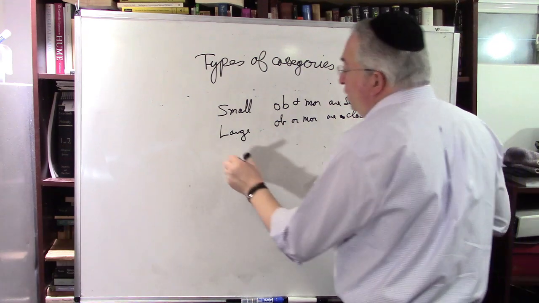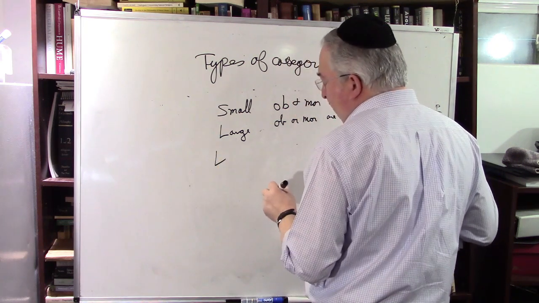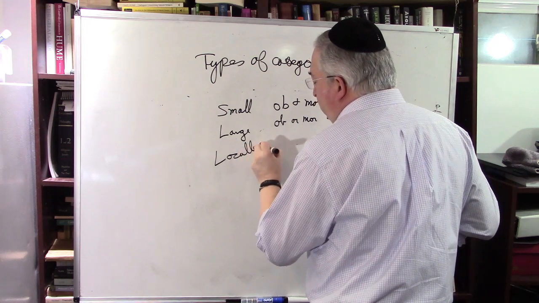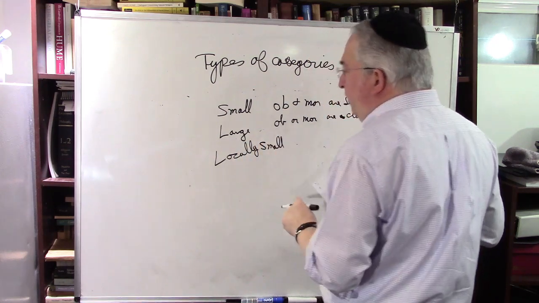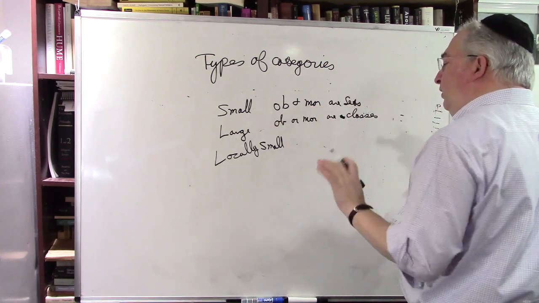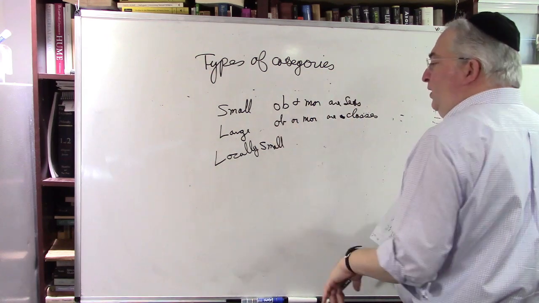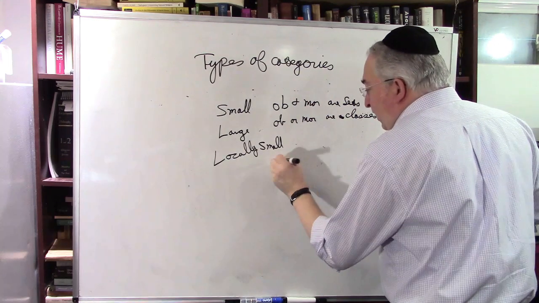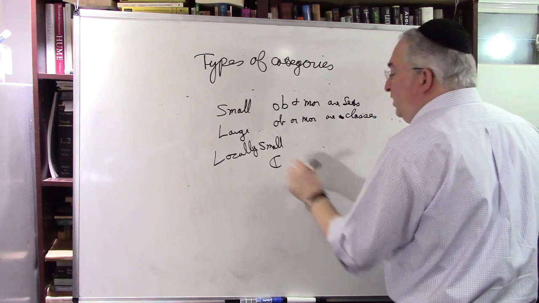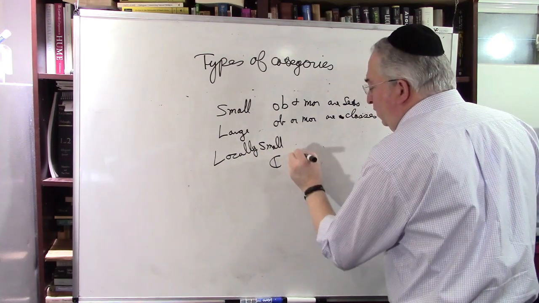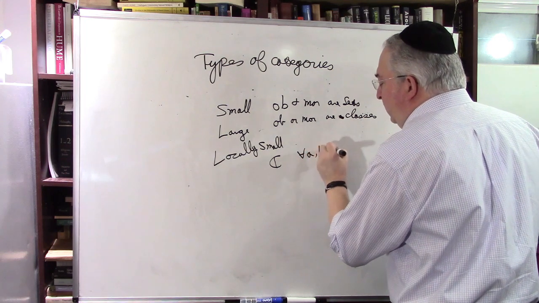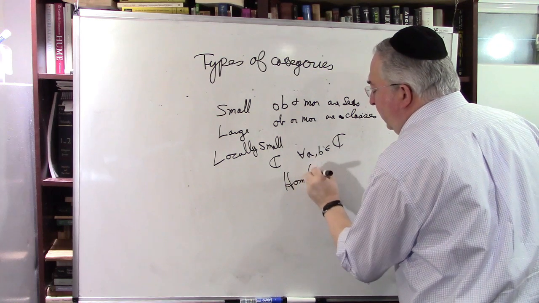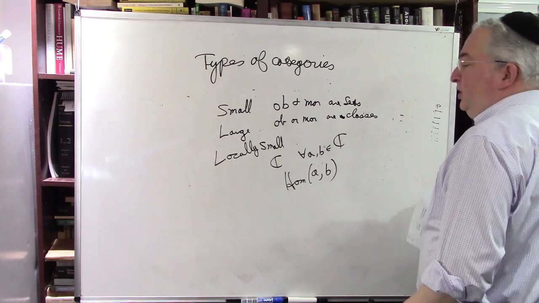And we have something that shows up very, very much, and this is locally small. Here the objects are usually large, and the morphisms are usually large, but a category C is locally small if for all A and B in C, take any two objects, Hom(A, B) is small.